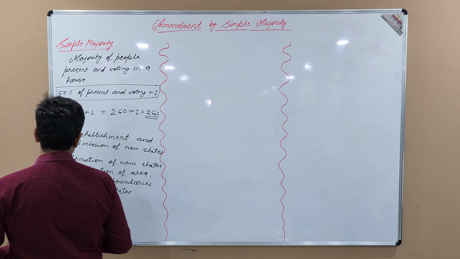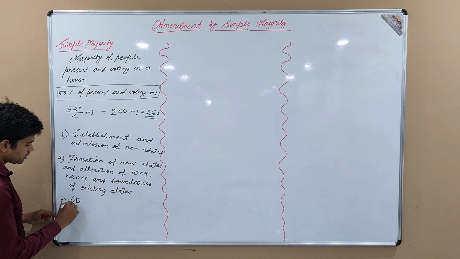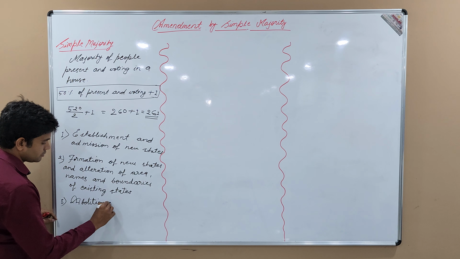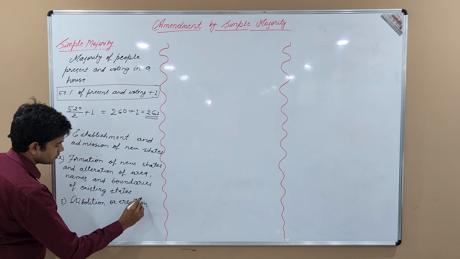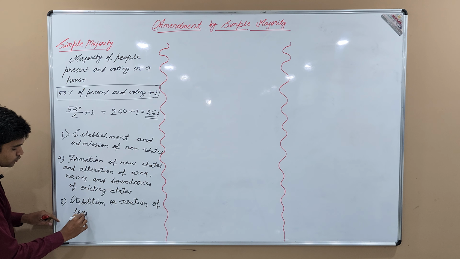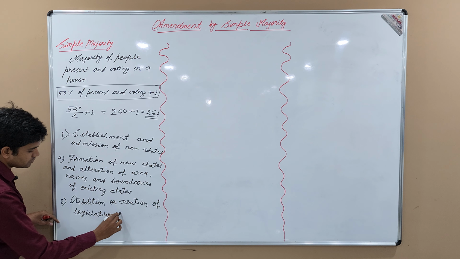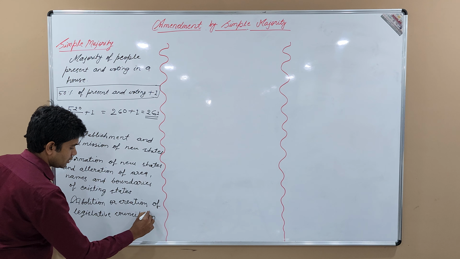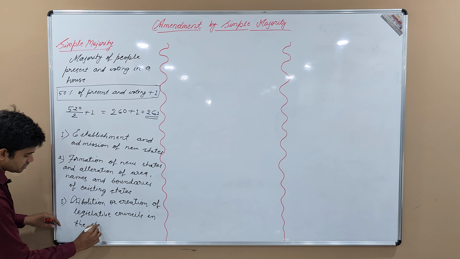Now the third one is the abolition or creation of legislative councils in the states.